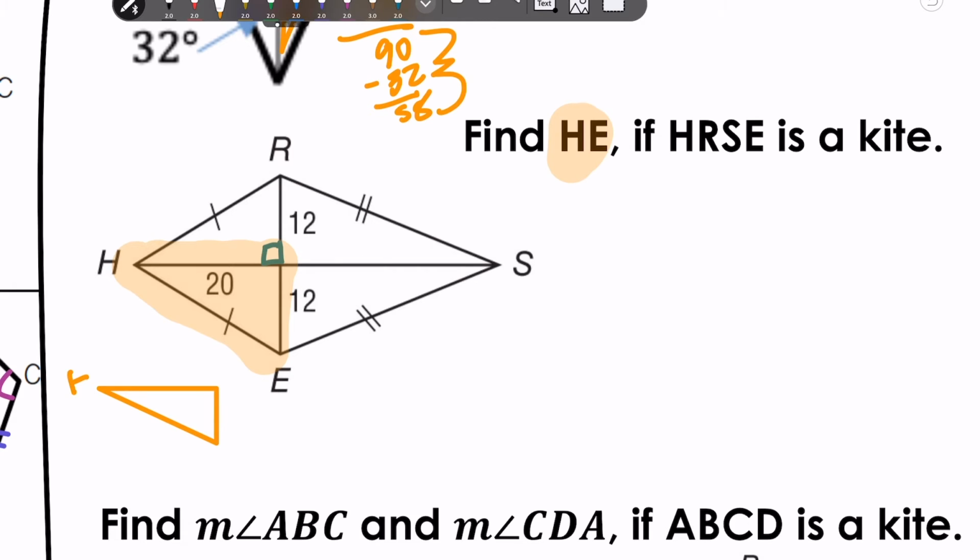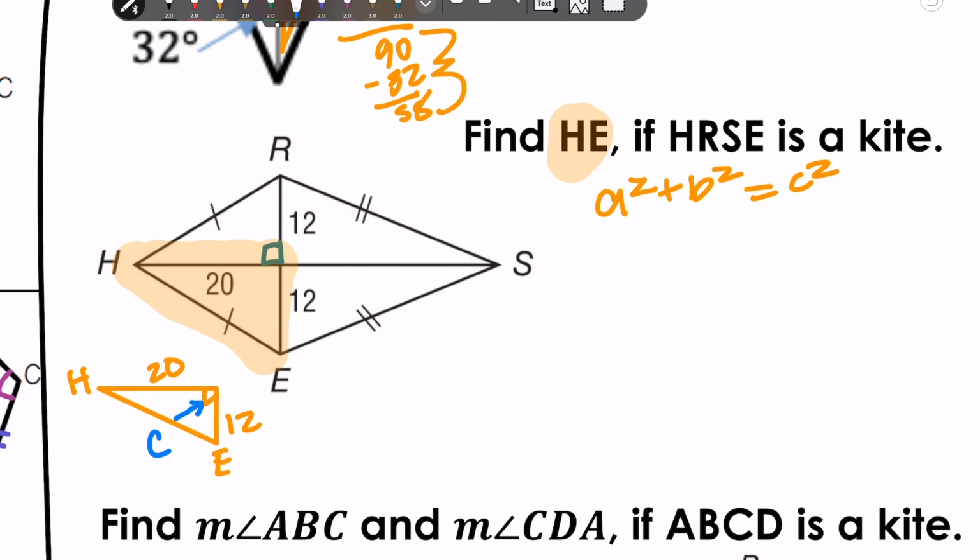We've got H, and this is E right here. We know this is 20, and we know this one is 12. Guess what? You're going to use A squared plus B squared equals C squared. In this case, you're going to be looking for your hypotenuse, which is across from the right angle right here. And so that's going to be your C.